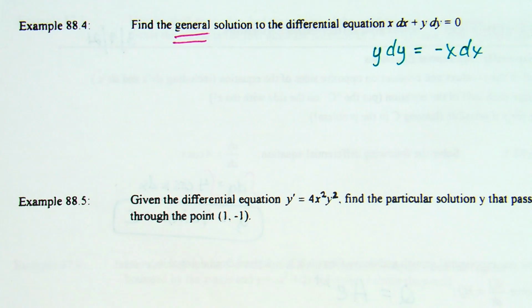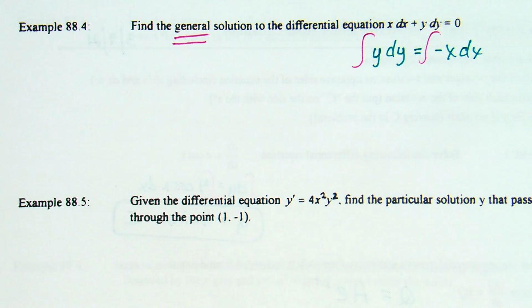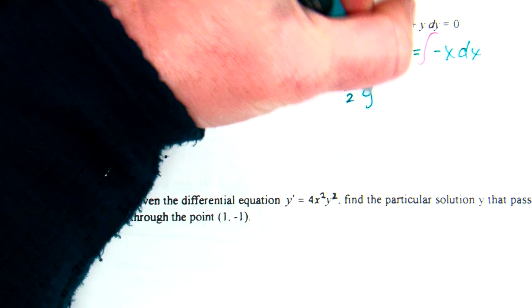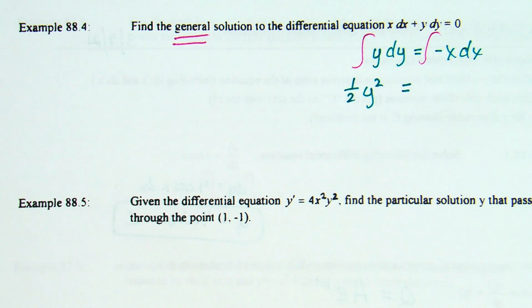So now that I have my y's and x's separated, I can integrate. What's the integral of y? 1/2 y squared. What's the integral of negative x? Negative 1/2 x squared plus c.